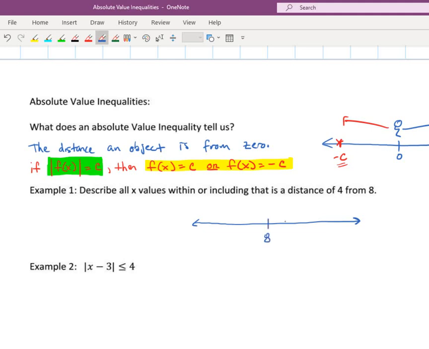A distance of 4 would mean I can go 4 units that way and put me at 12. Or I could go 4 units this way and it would put me at 4. So all the values that are within a distance of 4 from 8 would be those values right there. Now it says or including, so when I write this in interval notation, I would write that as 4 with a bracket, 12 with a bracket.